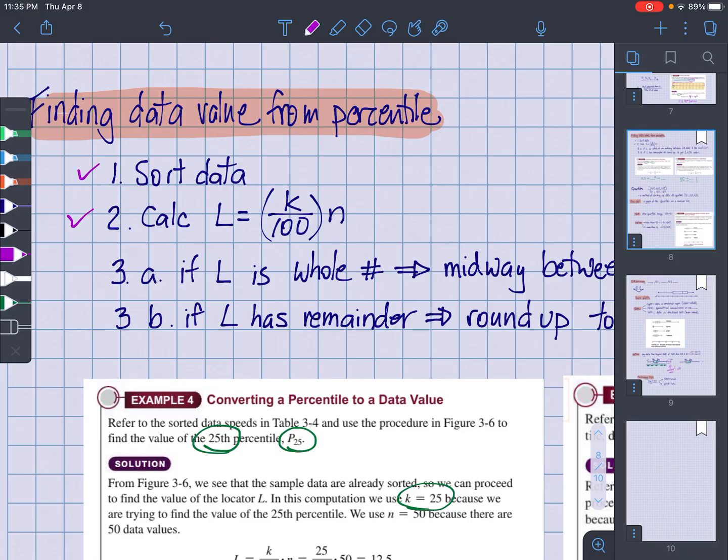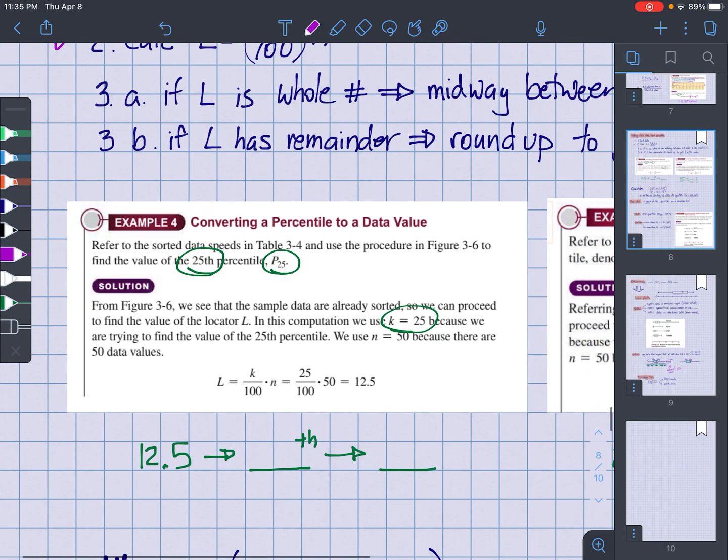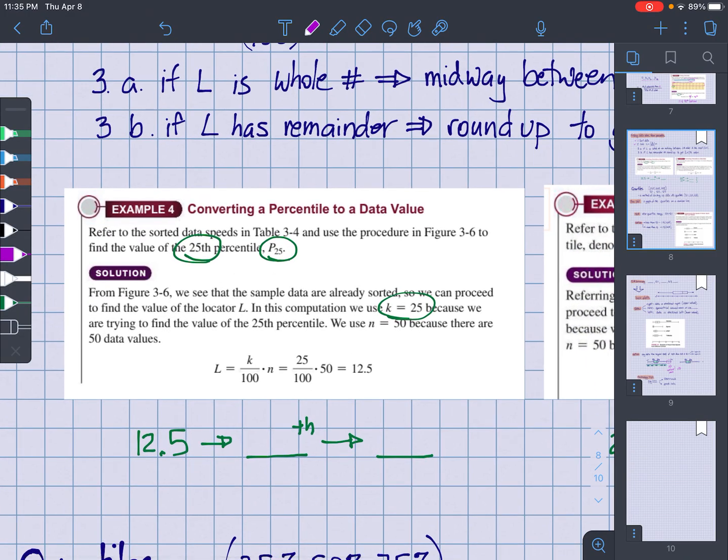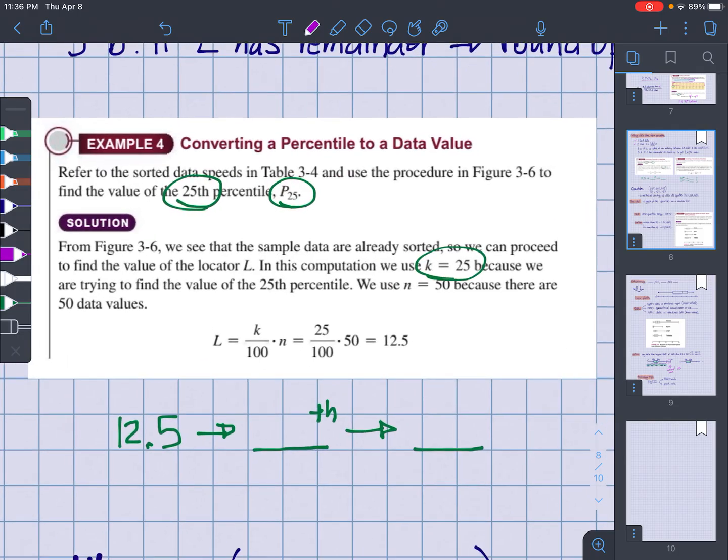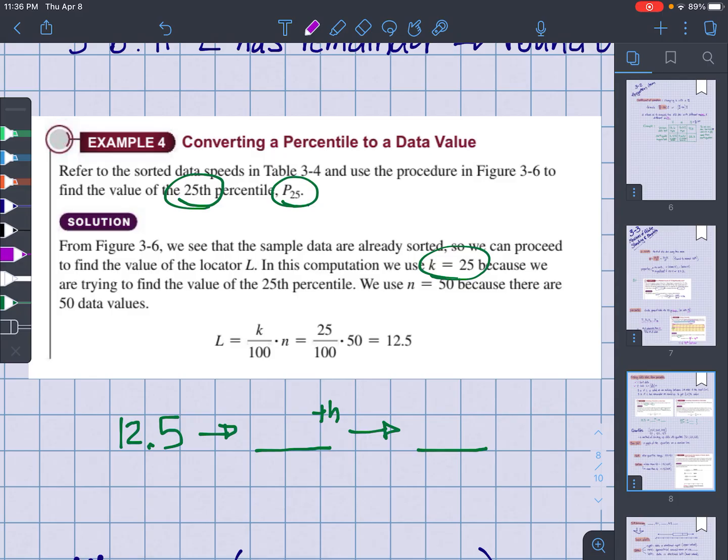So here we go. Sorry, K is 25. So I take 25 divided by 100 times 50.